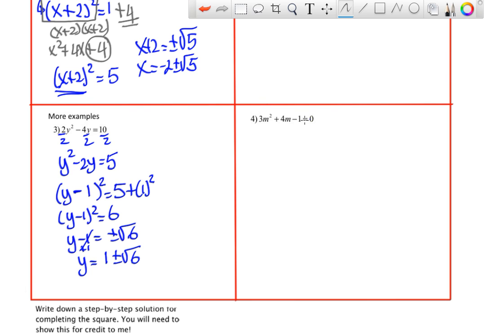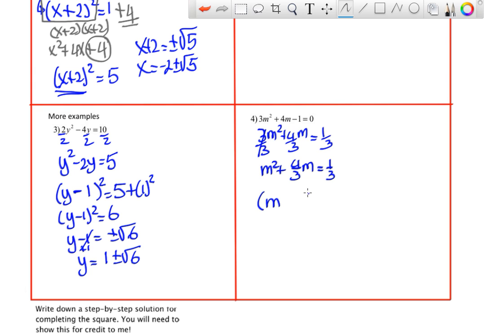So I'm going to move the 1 over. And we have to make it say m squared, so I have to divide everything here by 3. So that's great there, but now I end up with fractions over here and over here. And most of us don't particularly like fractions. It still works though.